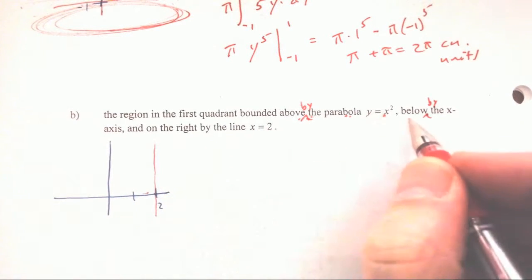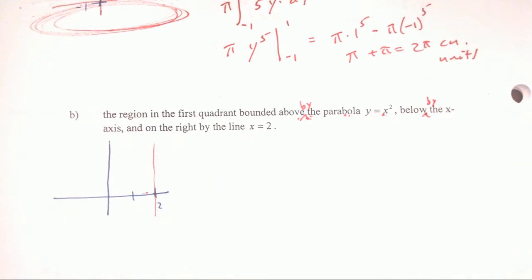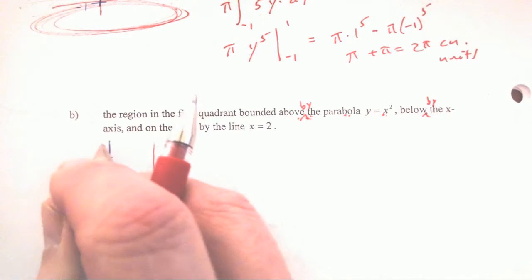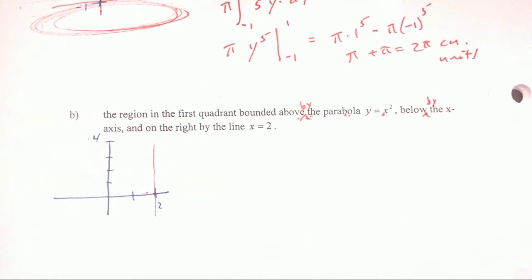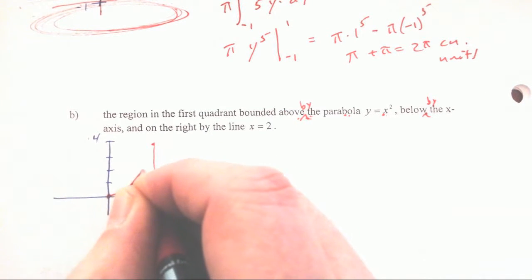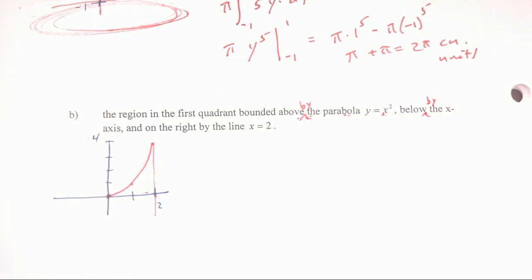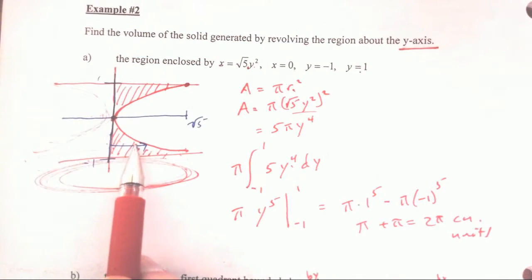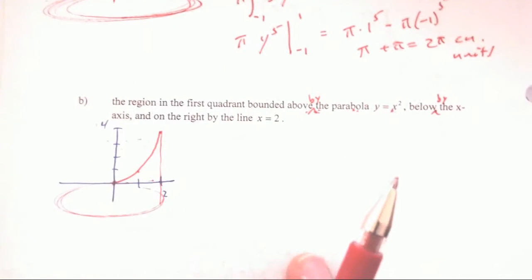By the time I get over to 2, this parabola will be up to 4. So we've got this. And as we rotate this around the y-axis, we can see we've got a hole in here. We've got a part between here. We didn't have that issue up there.